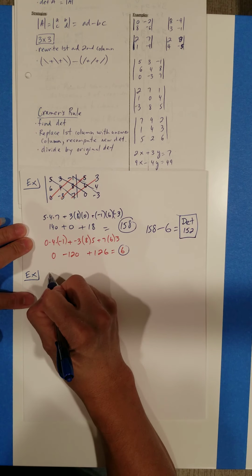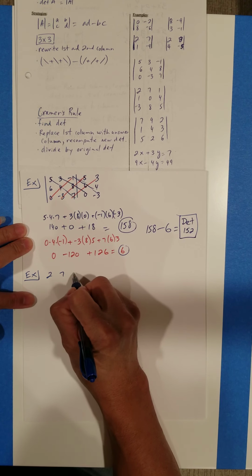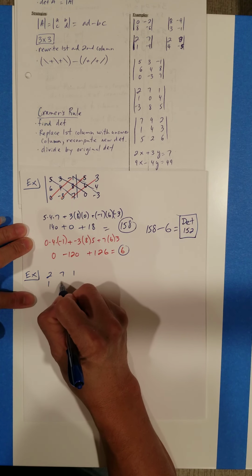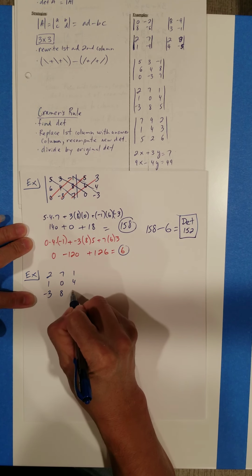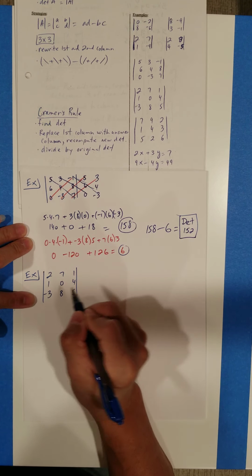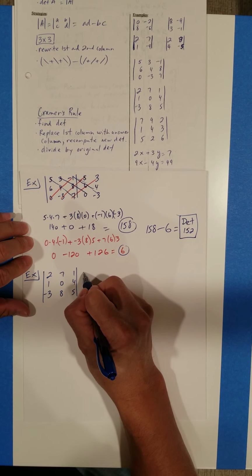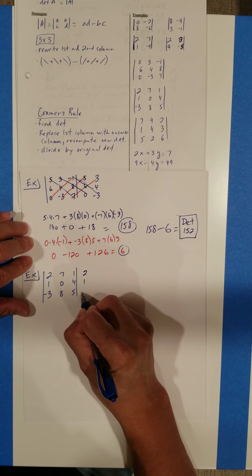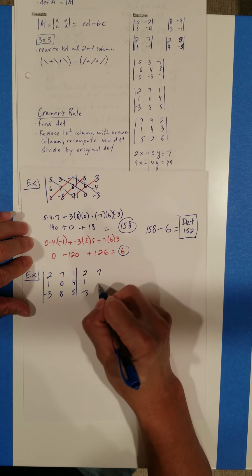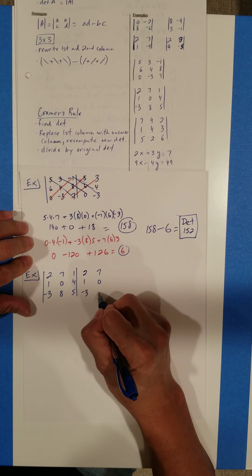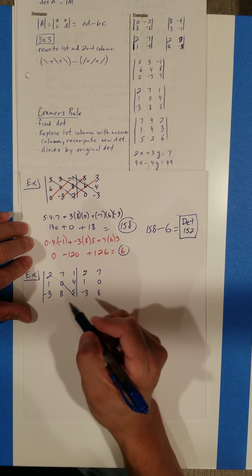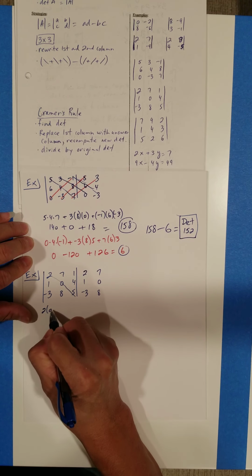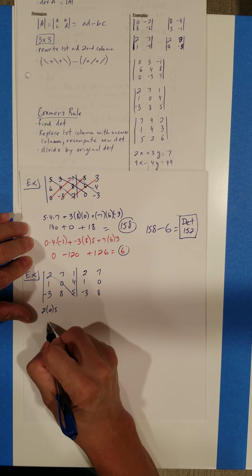Another example. 2, 7, 1, 1, 0, 4, and negative 3, 8, 5. Determinant. Copy the first column, 2, 1, negative 3. Copy the second column, 7, 0, 8. Going down here, we have 2, 0, and 5. Multiply all those together, you get 0.